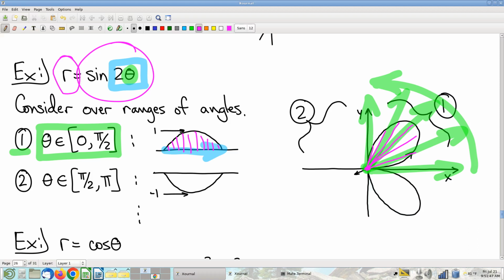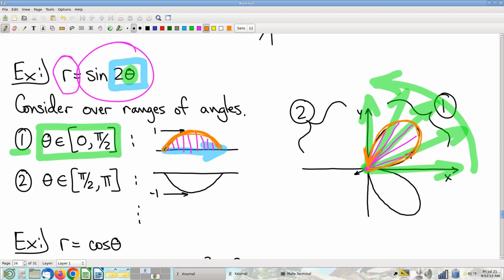And you'll notice then that traces out, let's see here, I guess I'll do this in orange, what you might call one arch of the sine function, which makes what you might call one petal of this little 4-leaf clover that we're about to trace out.